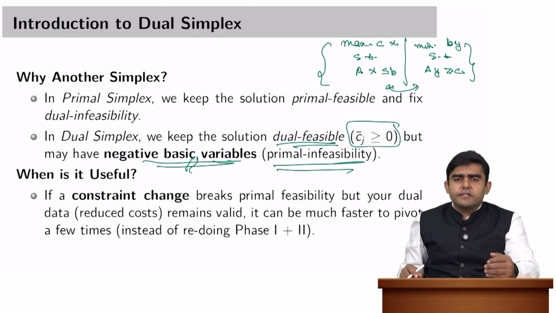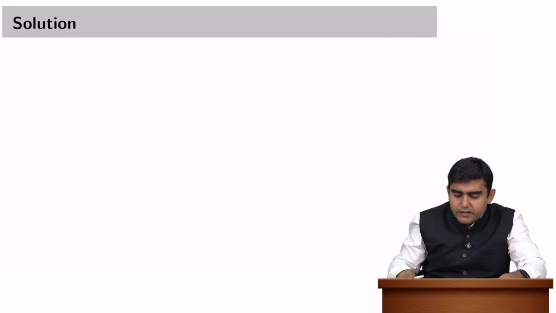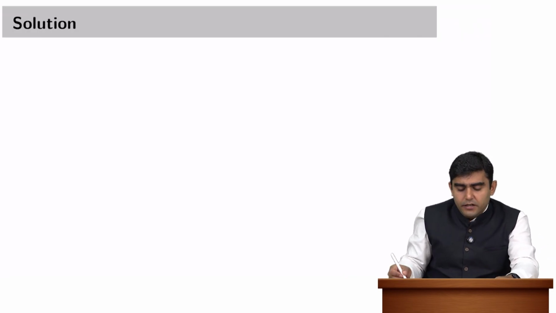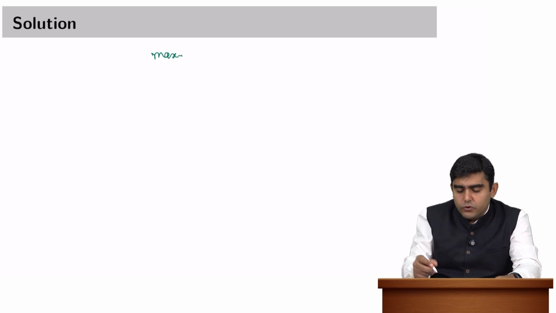One very immediate scenario that we can think of is if you have taken a primal problem and you have solved it. So let us try to understand this with the help of an example. Let us say that your objective was to maximize certain revenue.